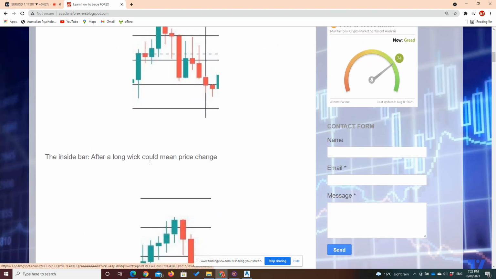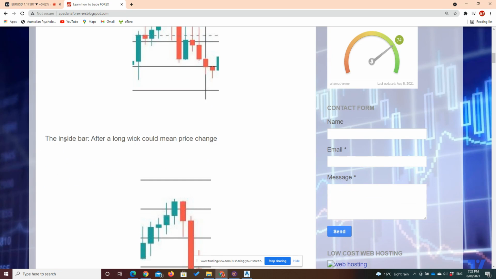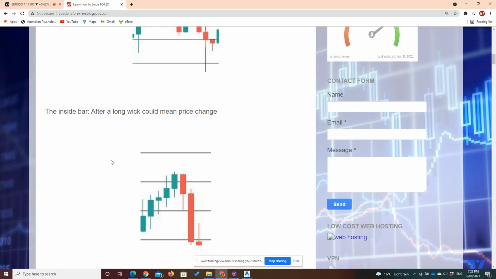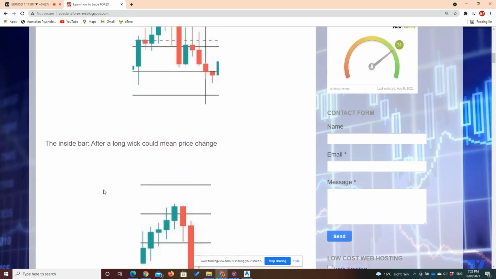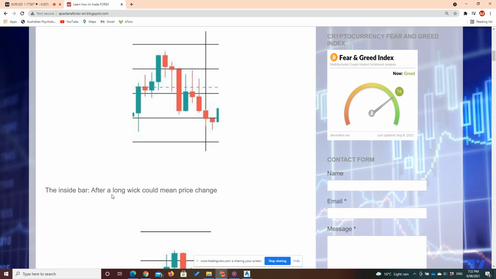One of the good patterns is the inside bar, and also the other one, the engulfing pattern, and for both of these patterns we have bearish and bullish versions. So what's an inside bar? After a long wick or long shadow candle, if we see an inside bar, it means that the open and close of the second candle is inside the previous bar.